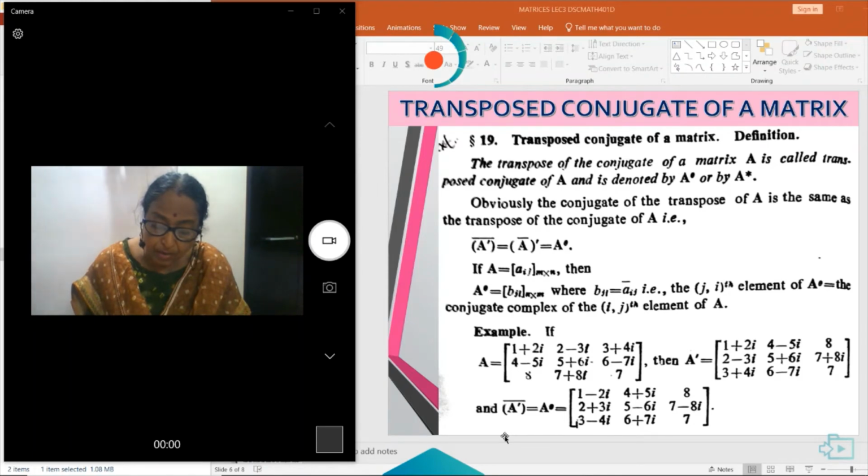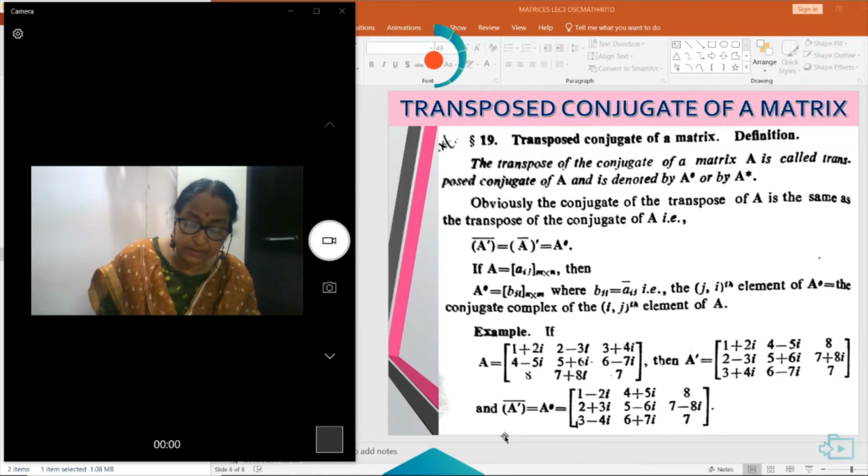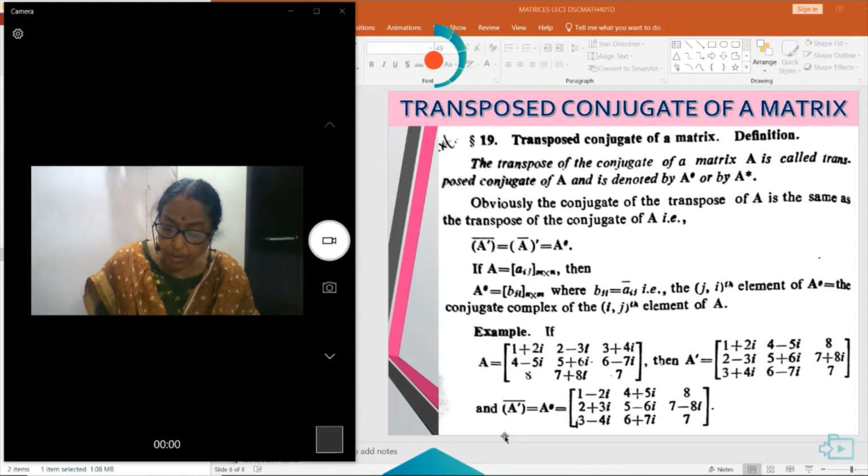If A is equal to the matrix given on your screen, then A dash, that is transforming rows into columns and columns into rows, we can get A dash as 1 plus 2i in the first column, 2 minus 3i, 3 plus 4i in the second column as shown on your screen. Then A dash the bar, that is putting a bar on A dash, the complex numbers change.